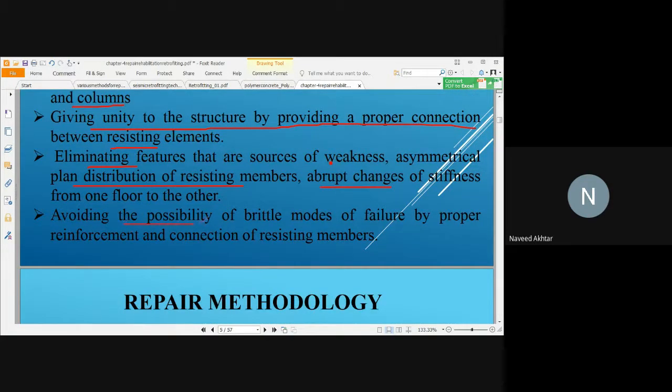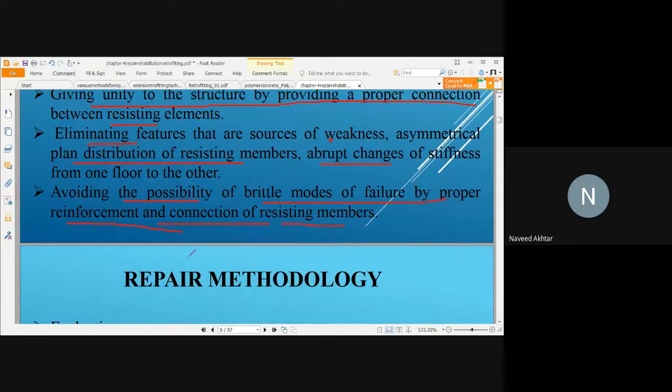We also avoid the possibility of brittle modes of failure, because brittle modes of failure are more harmful than ductile modes of failure. Ductility leads to large deformation before failure. That's why brittle failures are avoided, and that's why the retrofitting techniques are adopted.